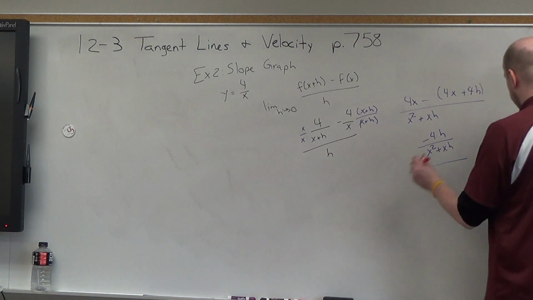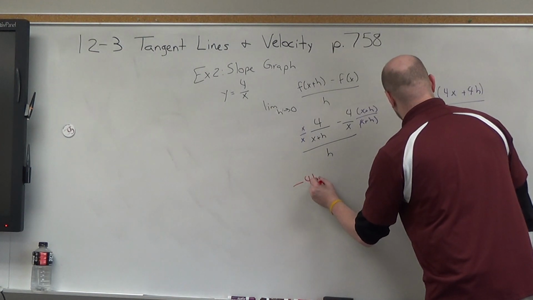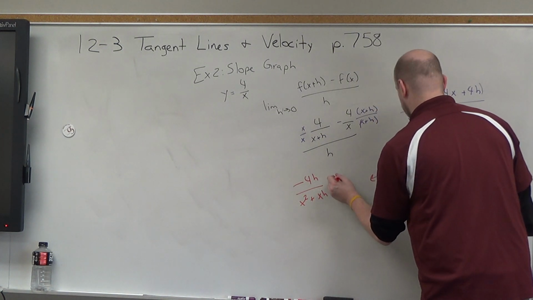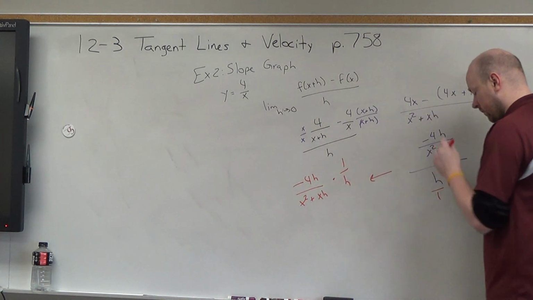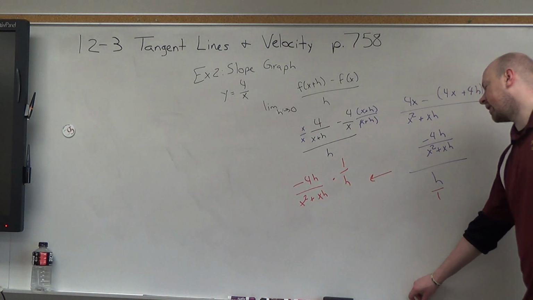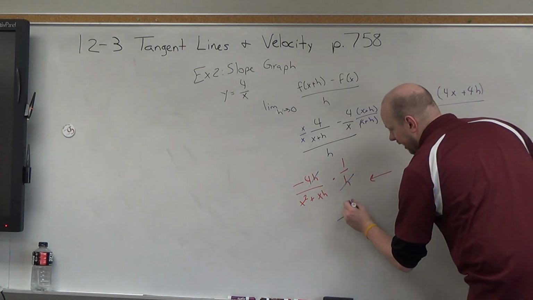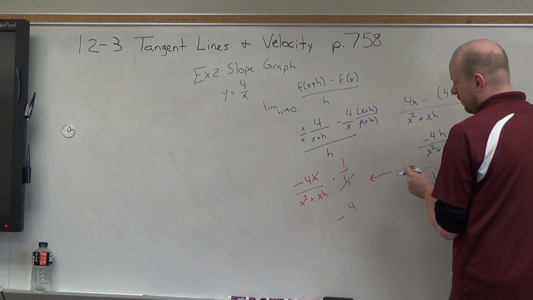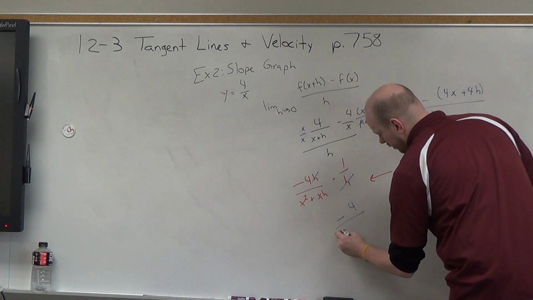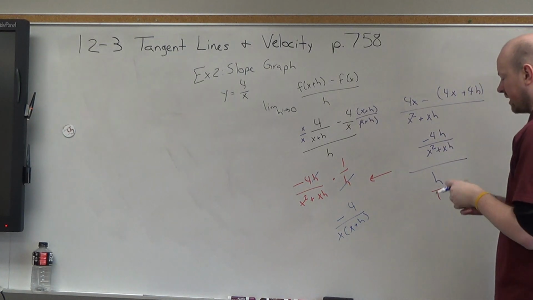So I get negative 4h over x squared plus xh times 1 over h. Well, here's pretty nice because my h's would simplify out. So I get negative 4 over x plus h. I actually don't want to separate that.